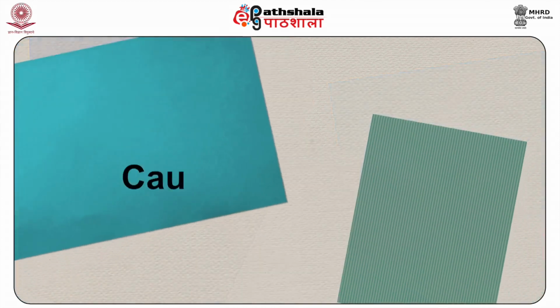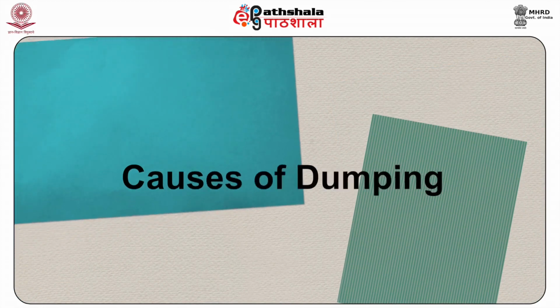Next is persistent dumping. Persistent dumping is a continuous tendency of a domestic monopolist to maximize total profits by selling the commodity at a higher price in the domestic market than in the international market. Next, we will discuss the causes of dumping. Dumping usually occurs due to the following reasons.